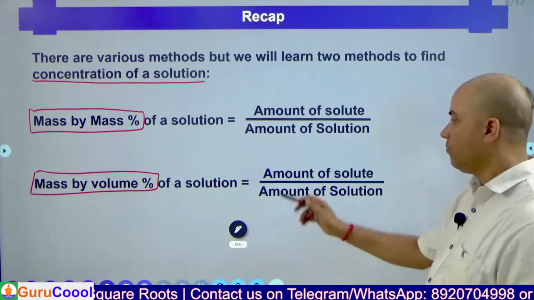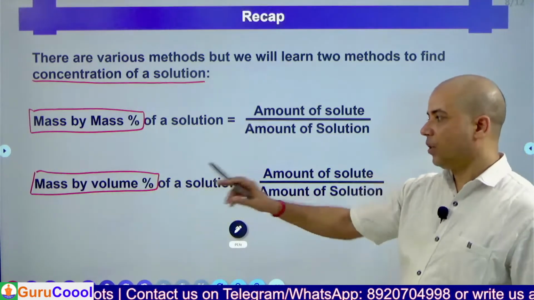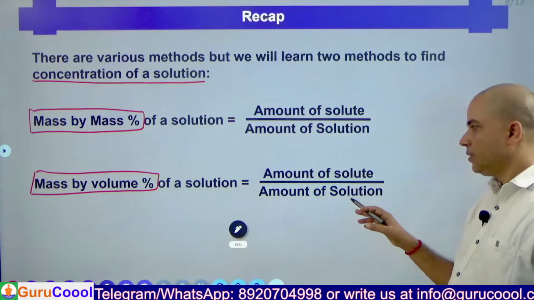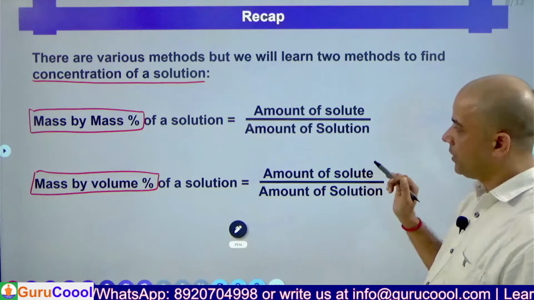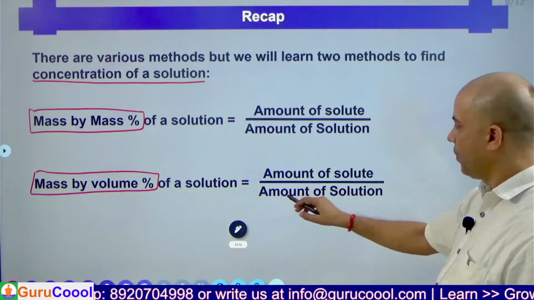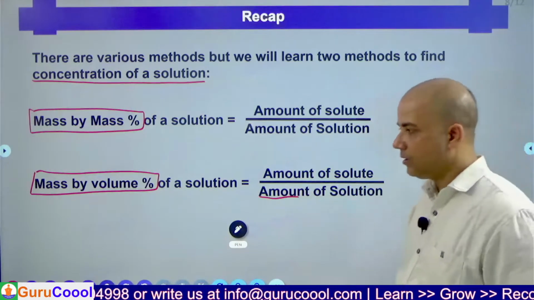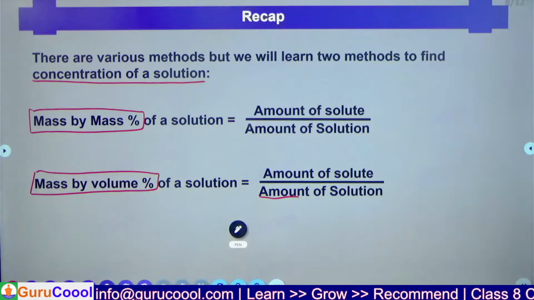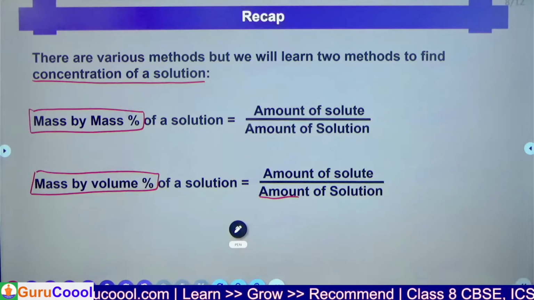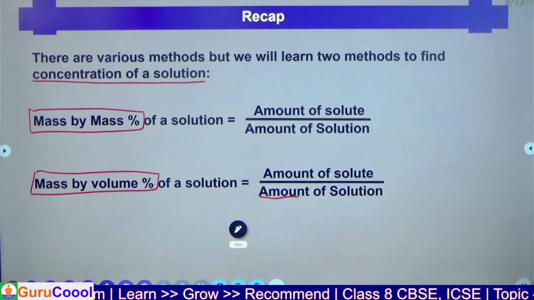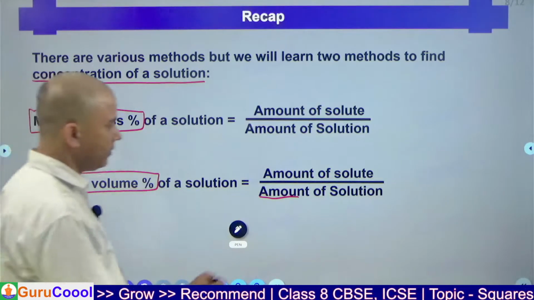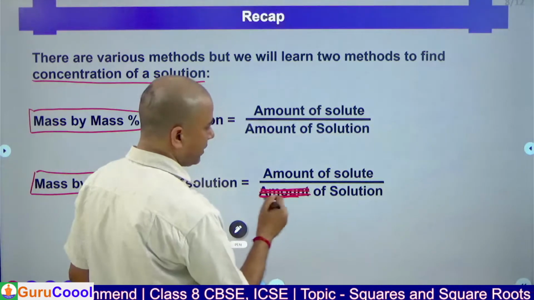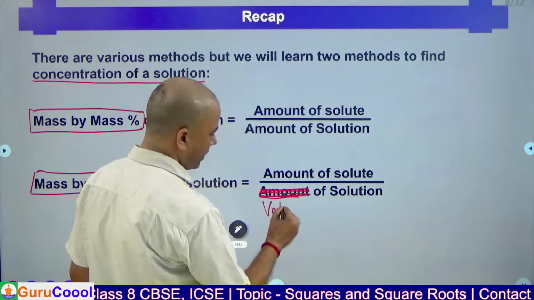But when it is a mass by volume percent, the amount of solute divided by the amount of solution, one moment, it should be volume here. Let me check, I mistyped it. Yes, it should be volume here because we are comparing it with volume. That's a typing error.